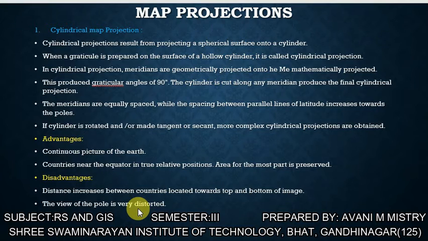Advantages: continuous picture of the earth, and it gives a true view of countries near the equator. That means a country near the equator is in its true relative position. Area for the most part is preserved. Disadvantages: distances increase between the countries located towards the top and bottom of the range. The view of the poles is very distorted.